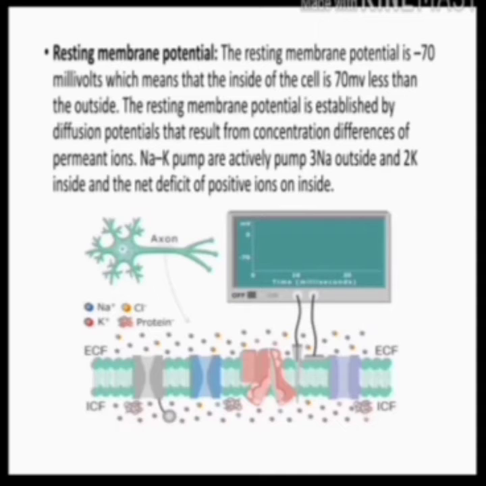At that time, the leak channel is present and sodium flows inside and potassium flows outside through these leak channels in tremendous quantity, leading to change in membrane potential, and the resting membrane potential is converted into action potential.